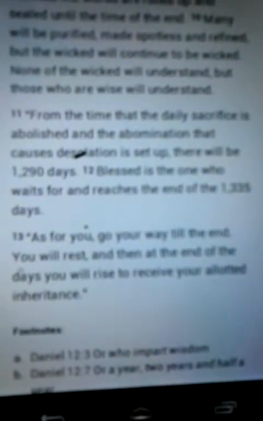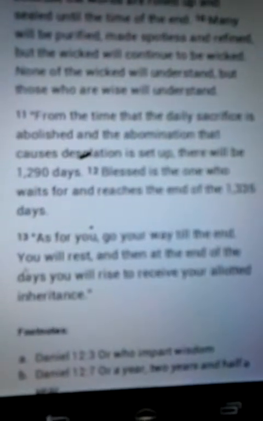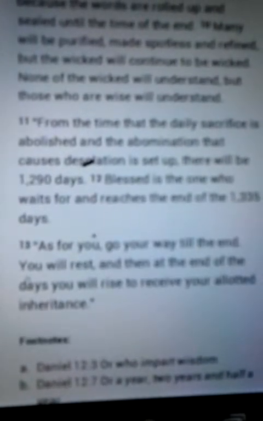From the time that the daily sacrifice is abolished, an abomination that causes desolation is set up, there would be 1,290 days. And verse 12 says, blessed is the one who waits for and reaches the end of the 1,335 days.